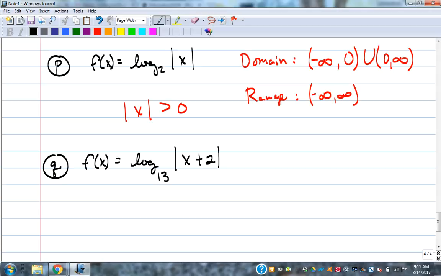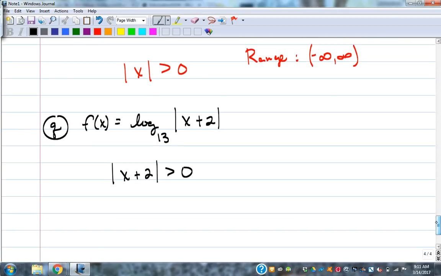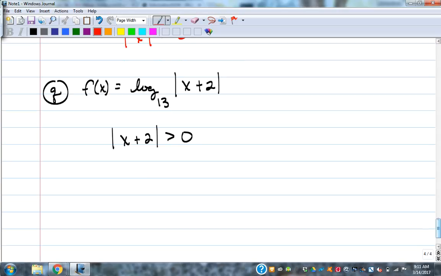So for this one, for the domain, what's going on? So this is how it's set up. Does anybody remember how to solve that from Algebra 1? What the correct way of solving it is? I think Thomas is right. It can't be -2 for sure.